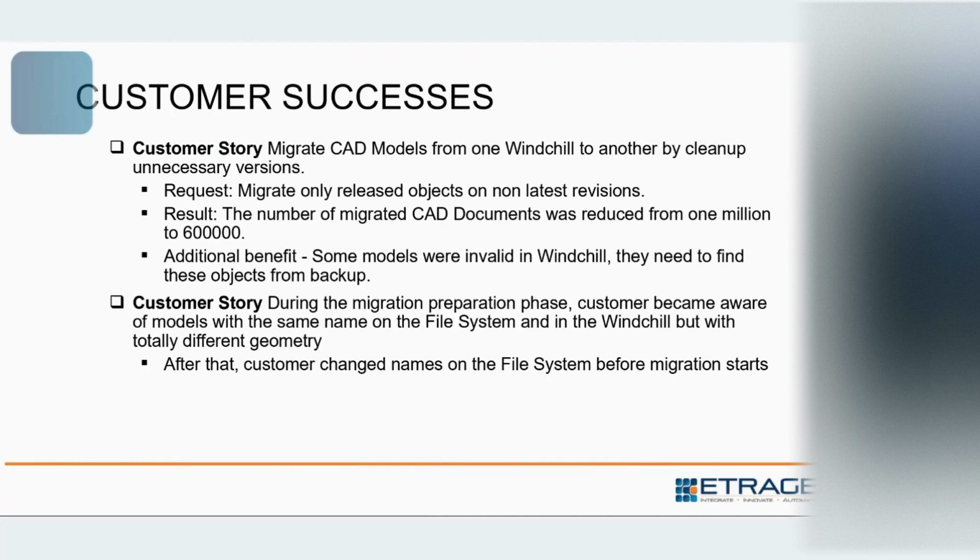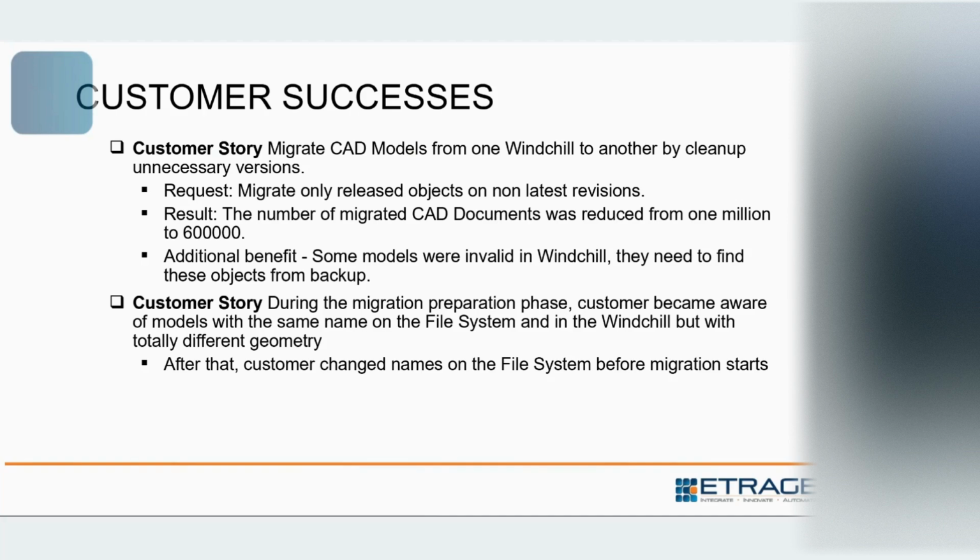As an additional task, we did the export from the source Windchill to the file system. And an additional benefit that the user identified is that some models they had already checked into the old Windchill actually weren't valid, and they needed to pull these objects from their backup before we went on with migration to the target system.